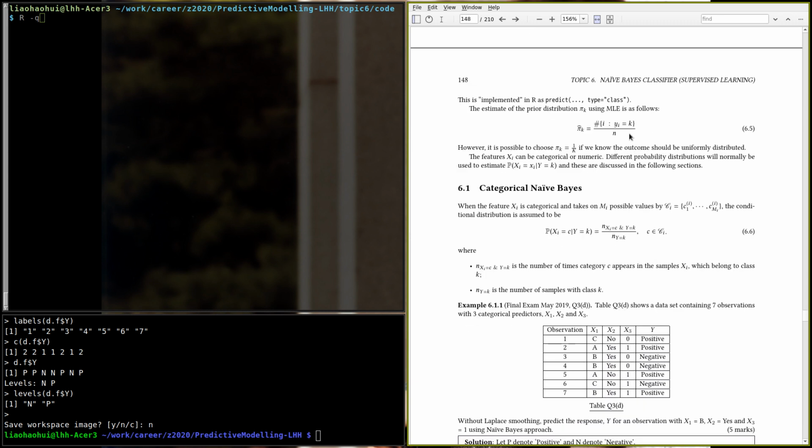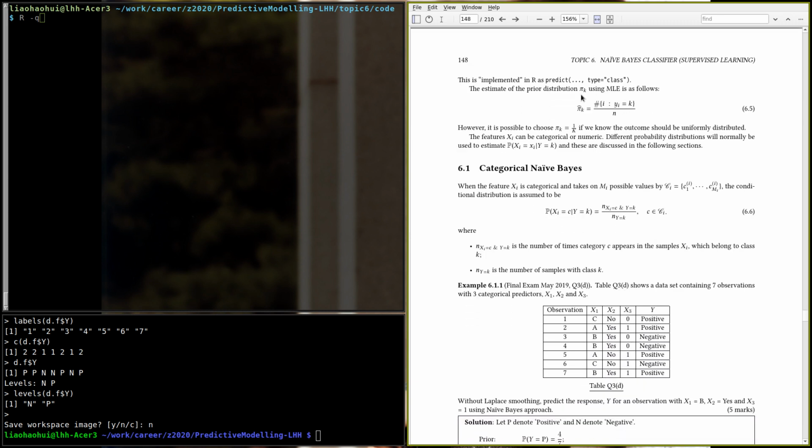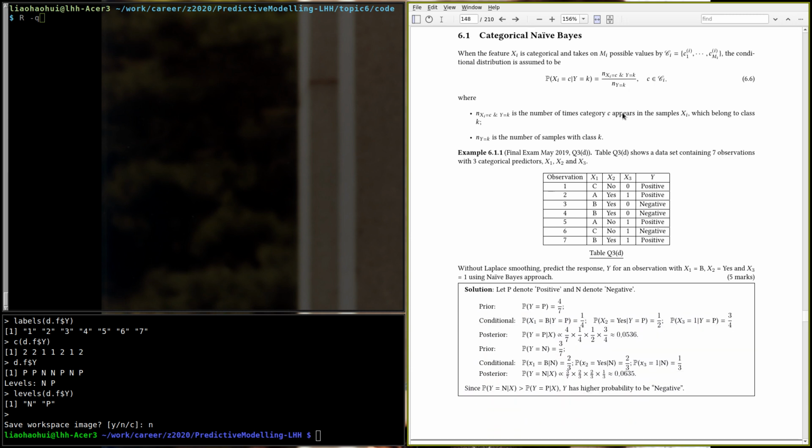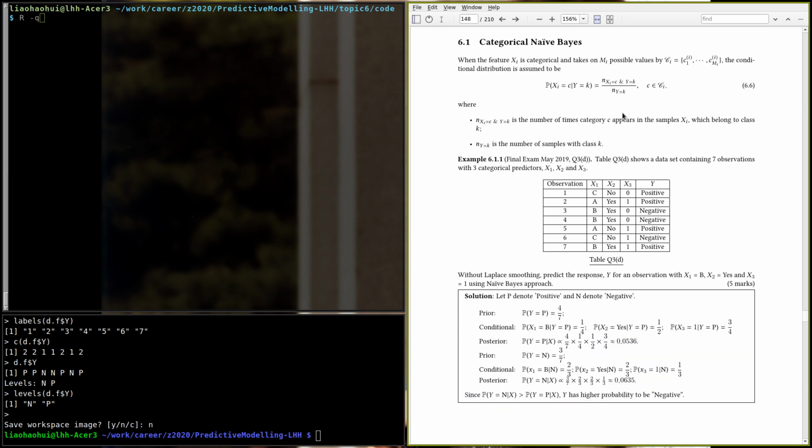For the prior distribution, it's something rather simple. It's just basically counting. N is the number of rows. To illustrate this, I'll continue with the simplest case where one of the columns is categorical.